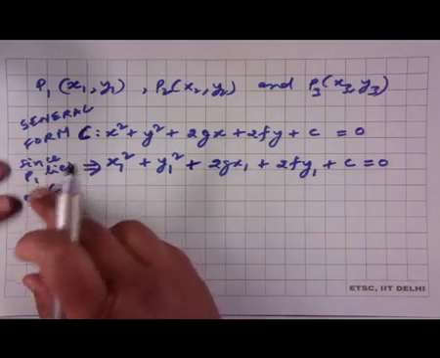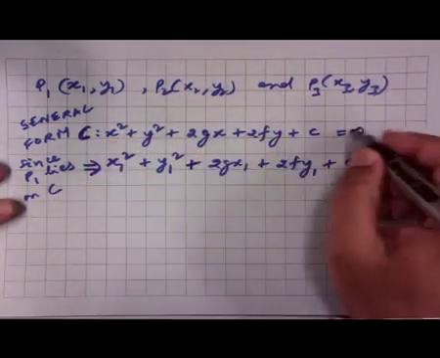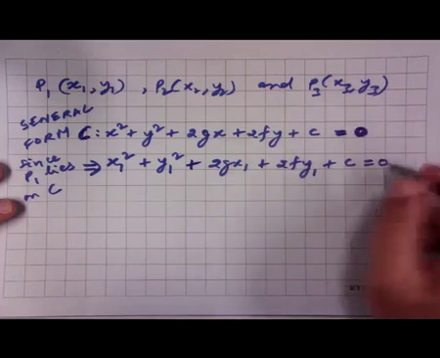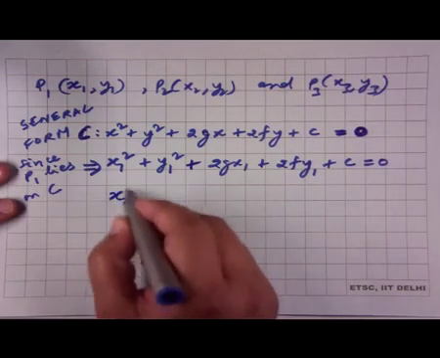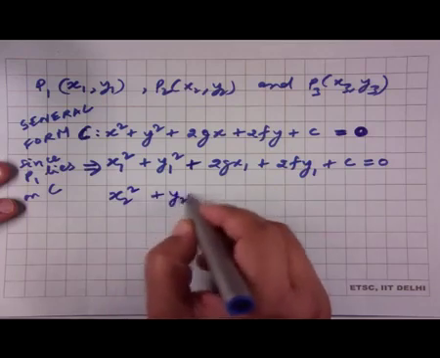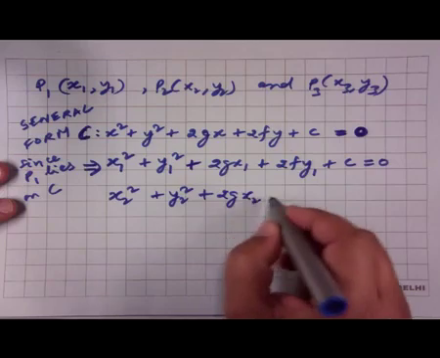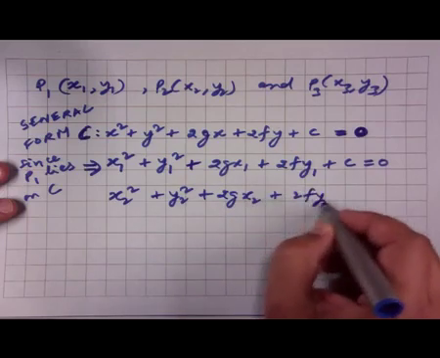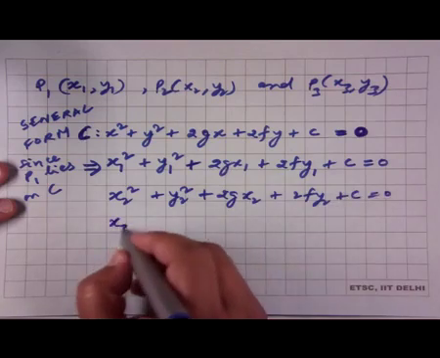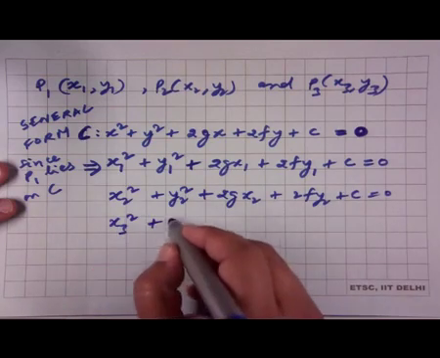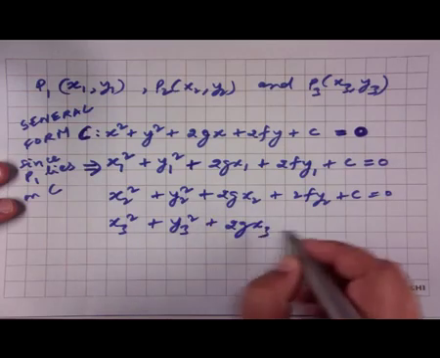And similarly, since P2 and P3 also lie on this circle, we get other 2 equations. So, for P2 we get this equation and for P3 we get this third equation.